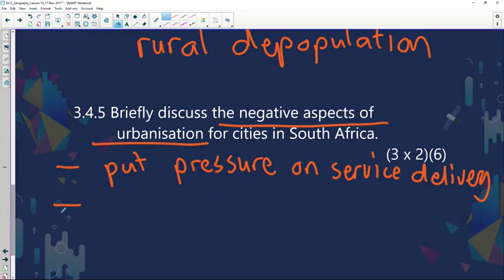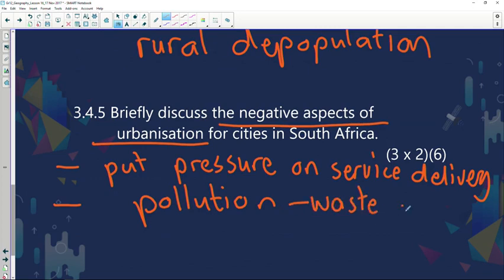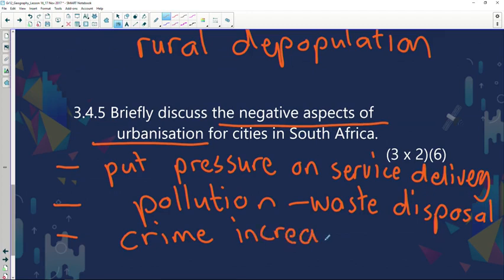Our second point is it creates a lot of pollution. More pollution is being generated, like waste disposal. And unfortunately, what happens as well, crime increases because not many people can find employment opportunity.